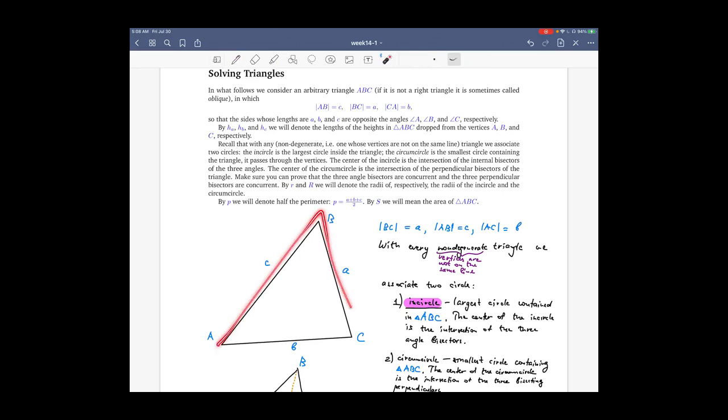In any triangle ABC, we will denote heights by h with the lowercase letter corresponding to the side that the height drops on. For instance, this will be HB, this will be HA, and this will be HC.